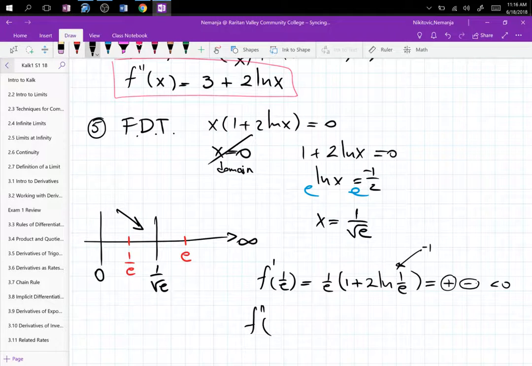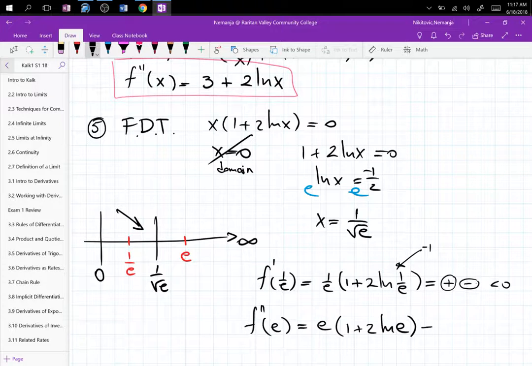Now, the second derivative at e is going to be e times 1 plus 2 ln e. That's going to be e times 3. That's positive times positive, which is larger than 0.